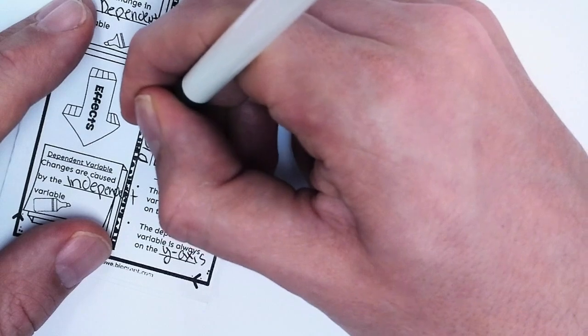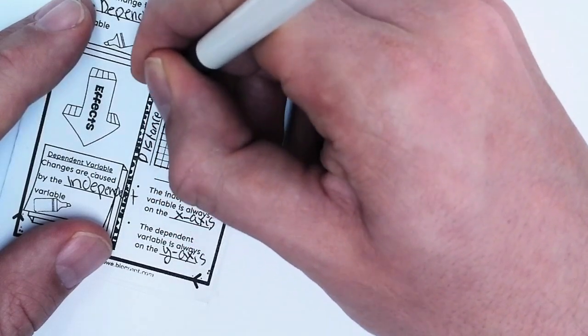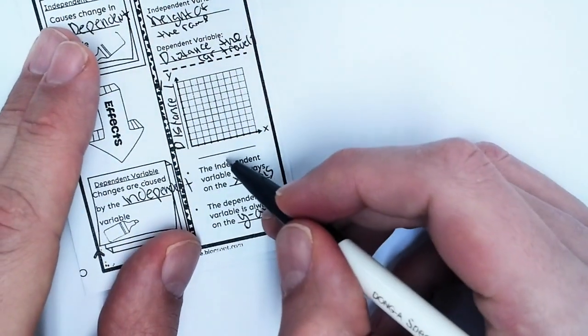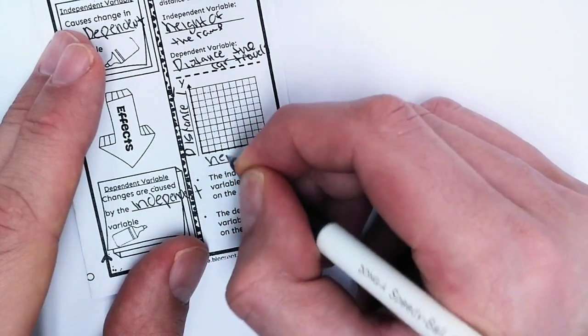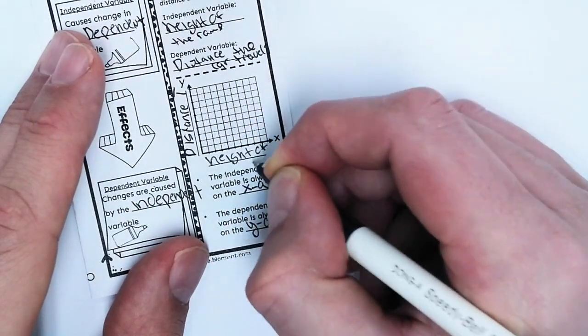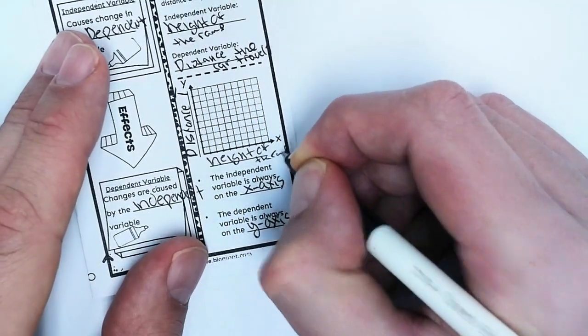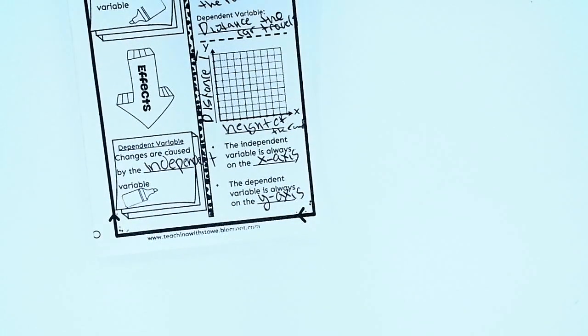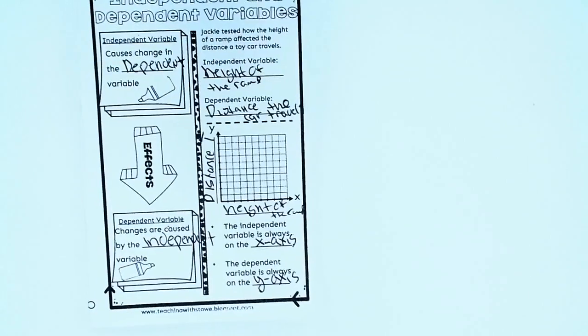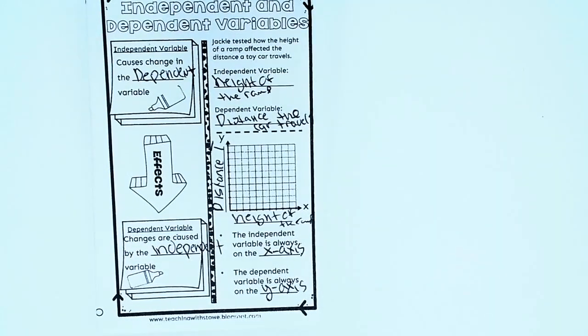I'm going to abbreviate distance t here. And this is the height of the ramp. Let's keep going. Let's do some more practice.